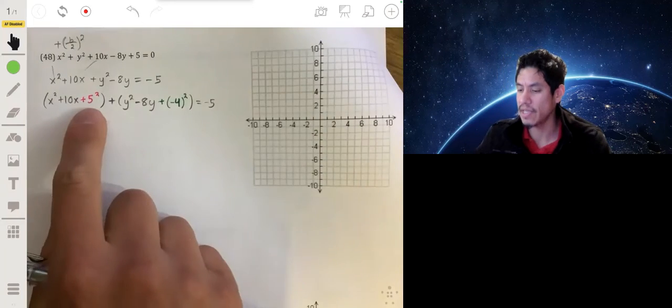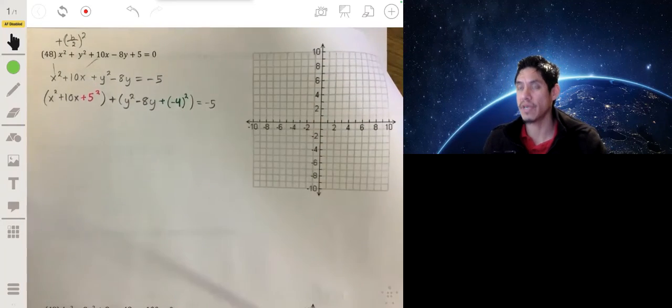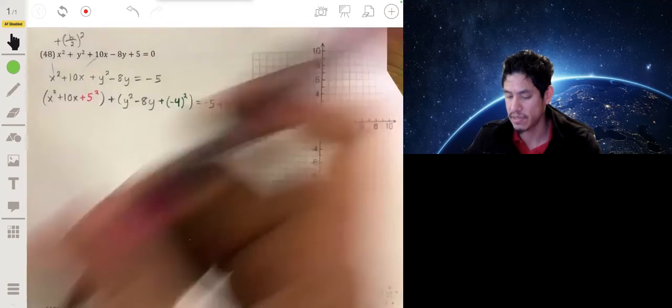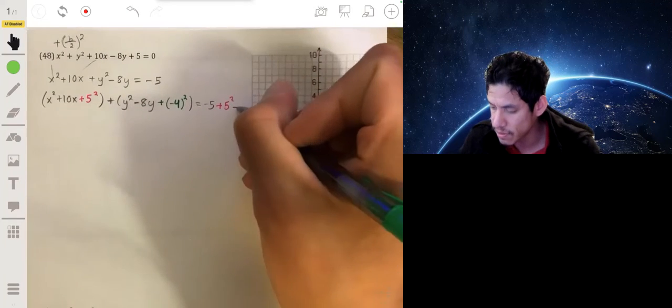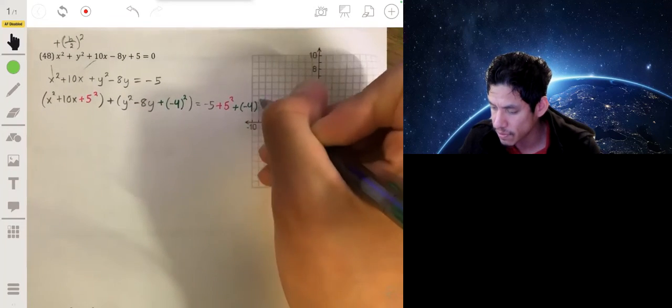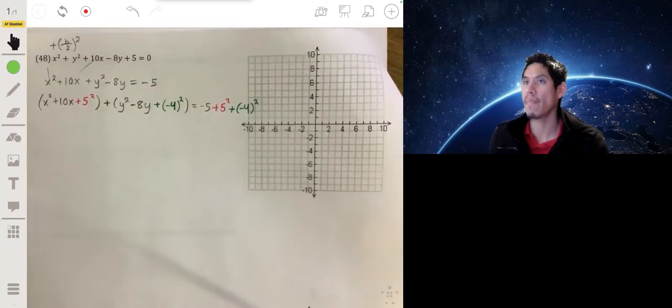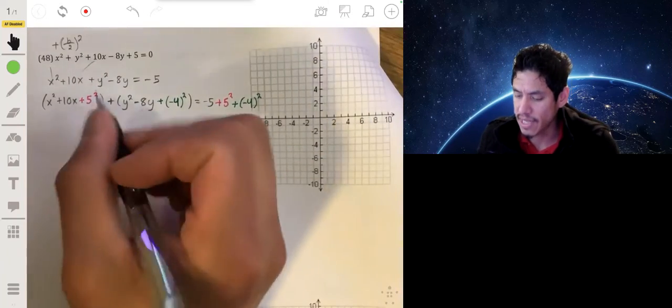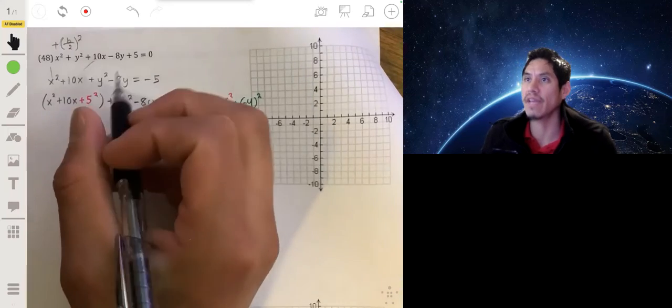Now, since we added 5 squared and negative 4 squared to the left side, we're going to also need to add it to the right side to keep the equation balanced. Now, what this does is that it makes our factoring lives much easier.